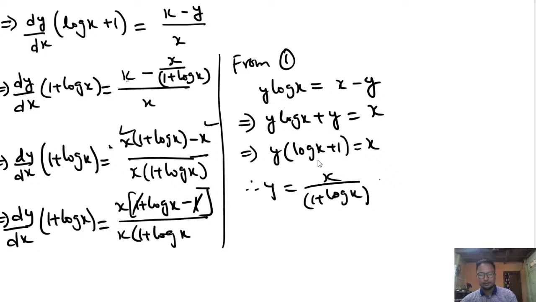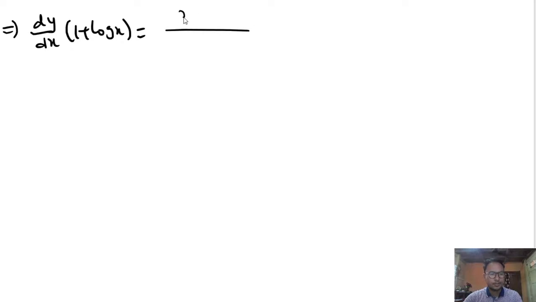Let's move to the next page. So we are getting x log x over x into 1 plus log x. That's it.